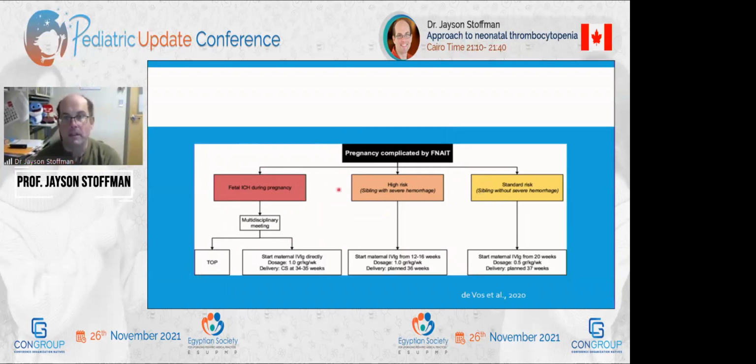If you're high risk, so you had a previous infant with a severe hemorrhage, you generally start your IVIG at around 12 to 16 weeks gestation. And if they call it standard risk, which is where they had the low platelets but no bleeding, then you can wait till about 20 weeks to start the weekly IVIG. It's fairly standardized and accepted that weekly IVIG is the best preventative measure. The question is kind of when do you start it? The more severe you are, the sooner you want to start it.